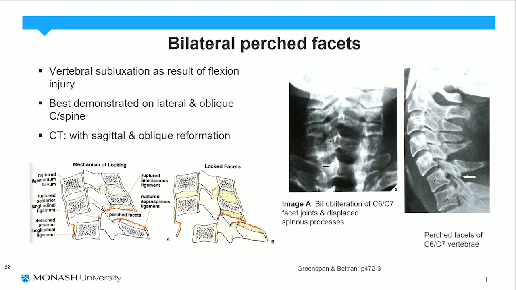On image A, we can see that there is obliteration of the C6, C7 facet joint. You can see that with the black arrows, and the spinous processes are displaced. On the lateral view at C6, C7, where the arrow is, you can see the perched facets of C6 and C7.